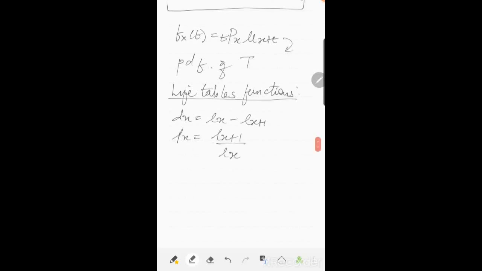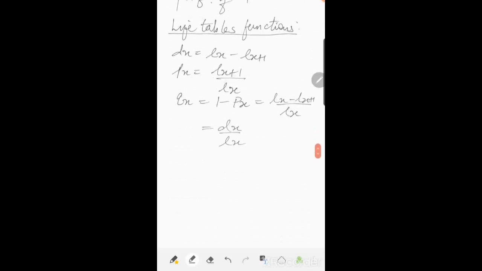So this is px, the survival, and qx is the death probability, which is 1 minus px. If you replace px in qx and simplify, we have lx minus lx plus 1 over lx, which is the same as dx over lx, because the top part is just dx from the first one.